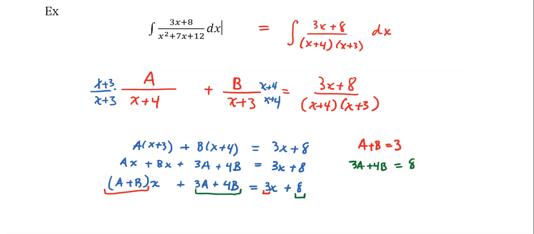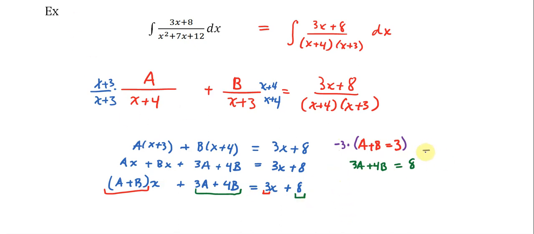Now I have a system of equations, and all I really need to do here is solve for A and B. From your good old days of Algebra 1 or maybe Algebra 2, to solve this, you can do it by substitution, or you can also do it by elimination. I'm going to go with elimination here just to mix things up a little bit. So I'm going to multiply the entire top by -3, and then add all of that up.